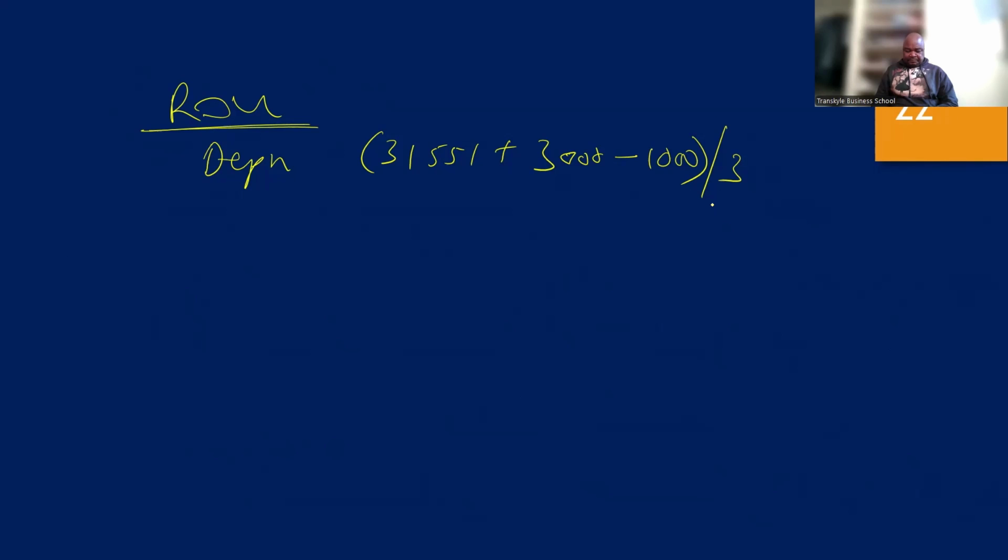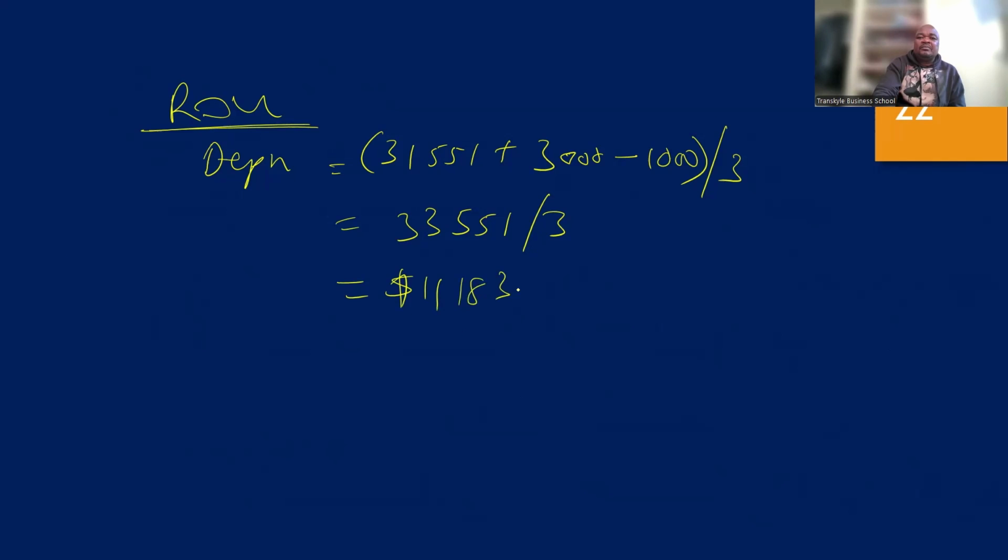That's 31,551 plus 3,000 minus 1,000. We arrive at 33,551 divided by 3. This means we have 11,183.67.